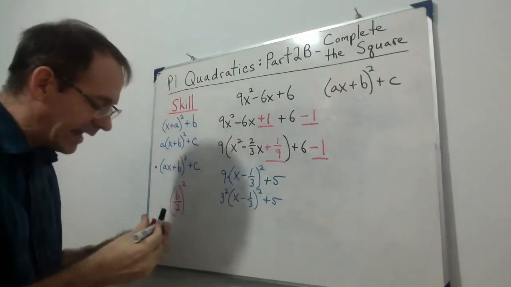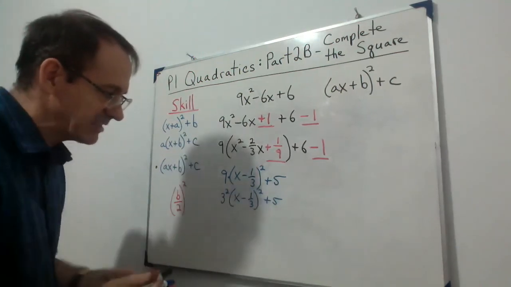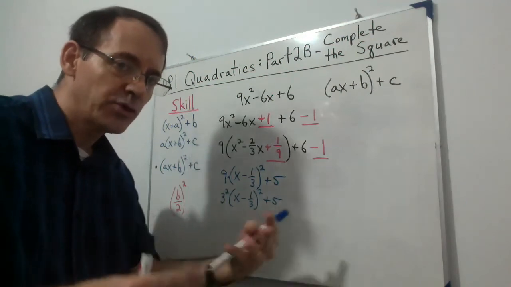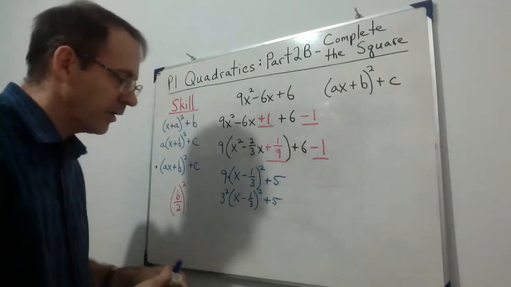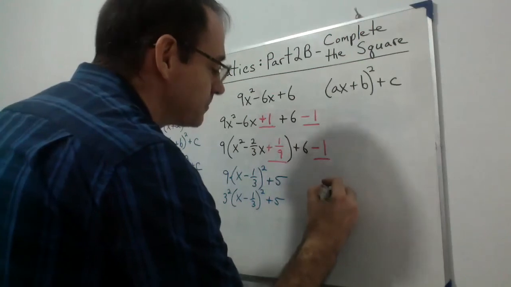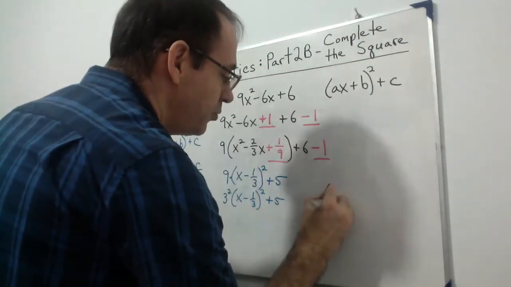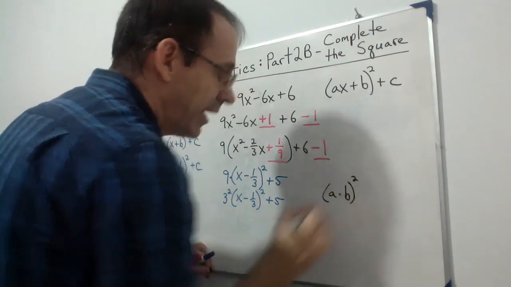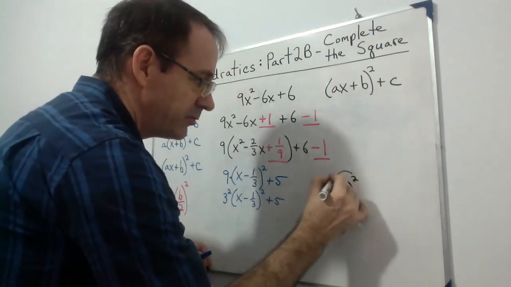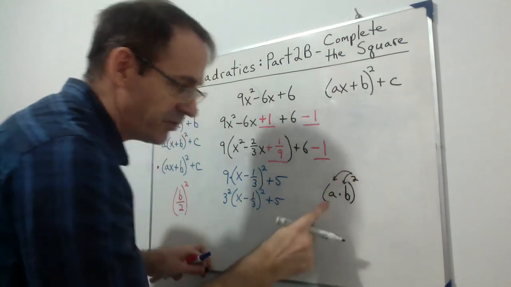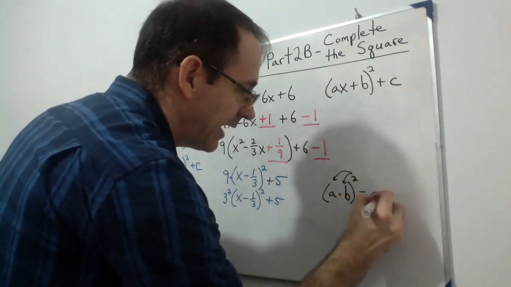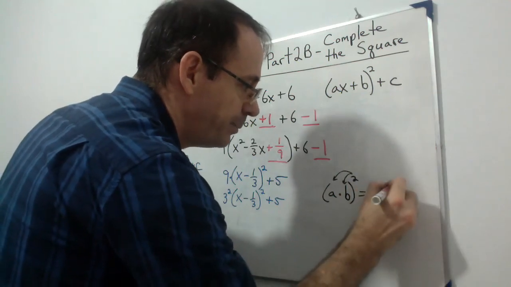Now that we have the same exponent, what we're doing is following our rules of exponents backwards. What you saw before is this: if you have an A times a B squared, exponents distribute over multiplication, and you get A squared B squared.